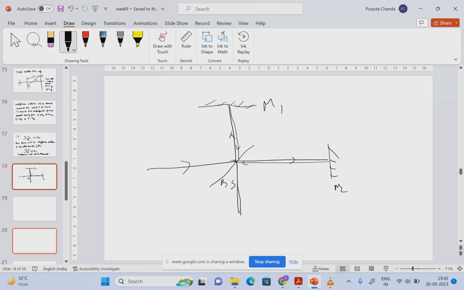They interfere, and here we see the interference pattern, right? So for this M2, we can assume the M2 mirror is here, in the position M2 dash.